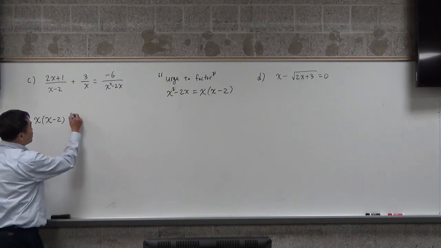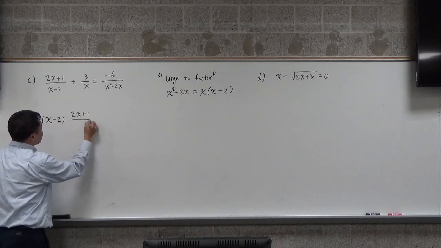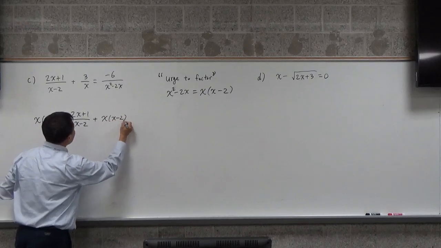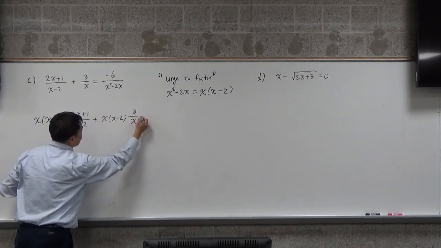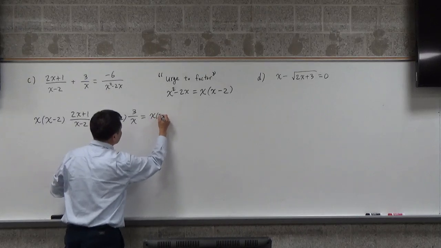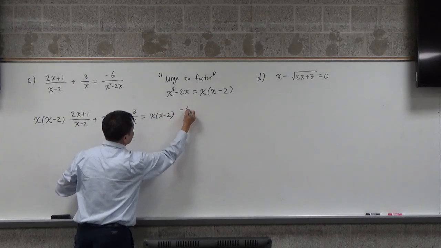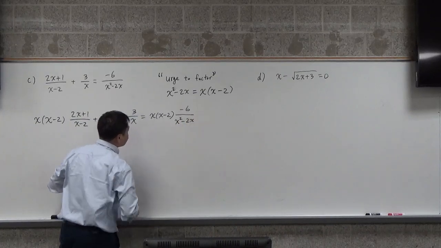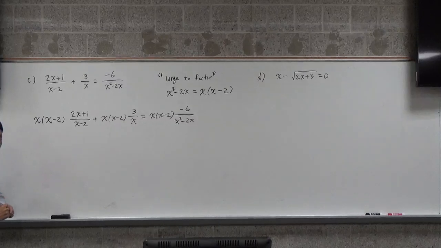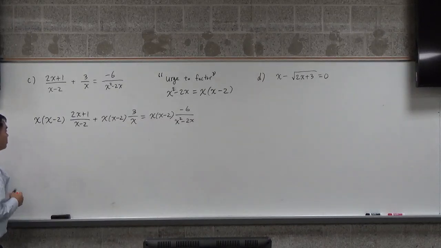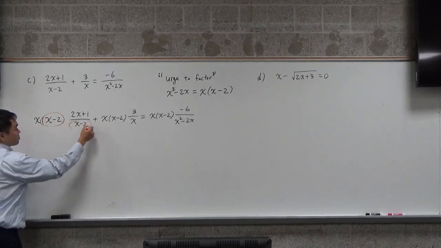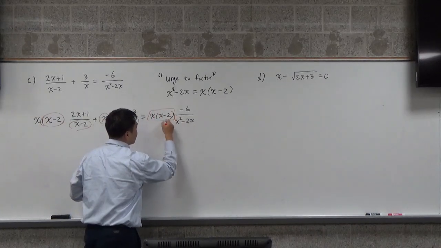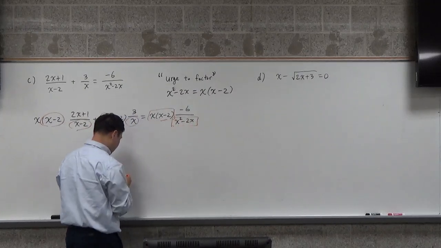Okay, so let's now go through with the plan. We're going to multiply x times x minus 2 to every term that you see in the equation. So that you see x minus 2 canceling, x and x canceling, and the entire thing cancels with this entire thing.